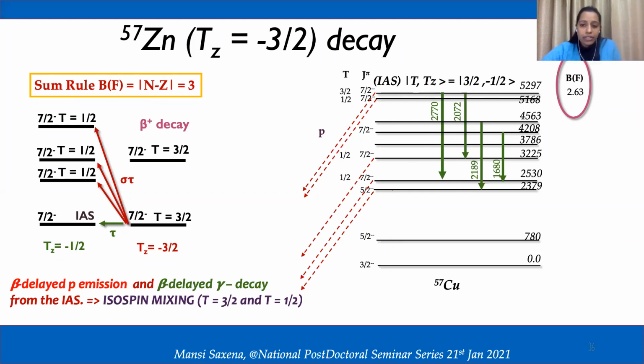I should add here that de-excitation by proton emission from the isobaric analog state is actually isospin forbidden. This only happens if the isospin symmetry is being violated. So this scenario can be explained only by the concept of isospin mixing.